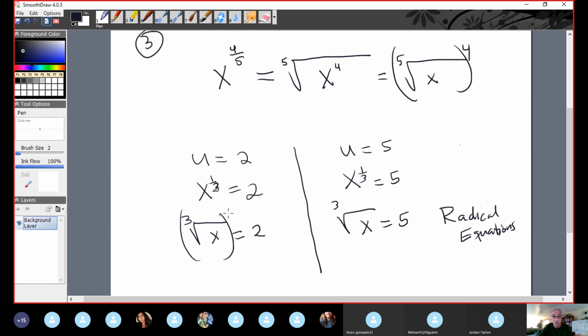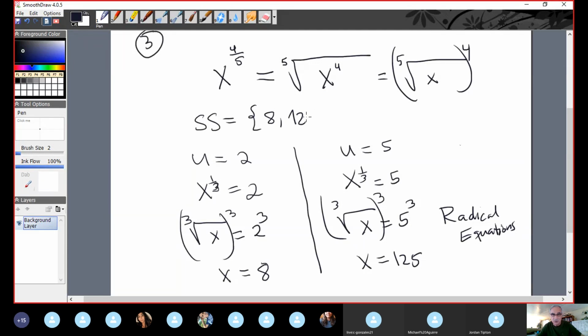Cube both sides, because cubing allows us to eliminate the cubic root. This is just x, and this is 2 to the third power, which is 8. And this is x, and 5 to the third power, which is 5 times 5 times 5, 125. The solution set for our equation is two solutions, 8 and 125.